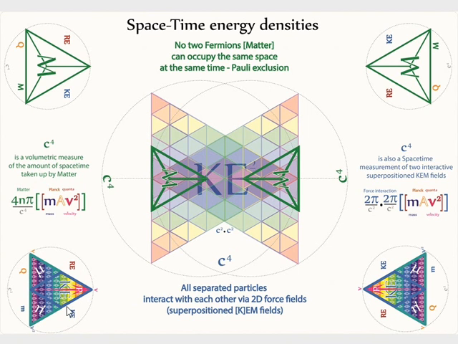Obviously, in the case of separated kinetic energy fields, their strength is determined by the number of energy quanta in that field and the associated linear momentum that comes with that.